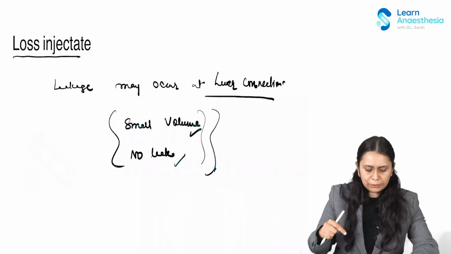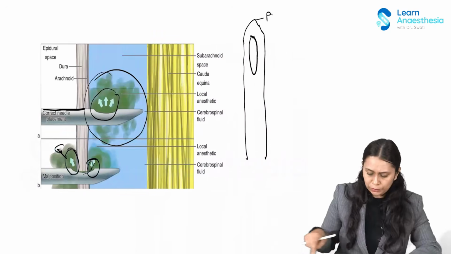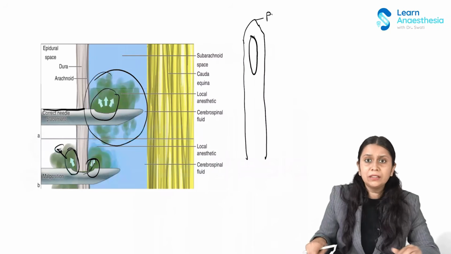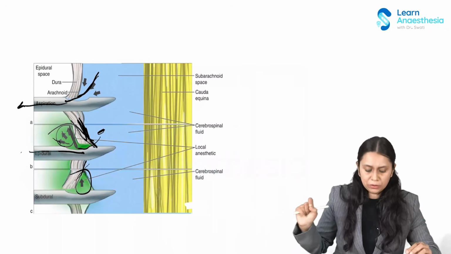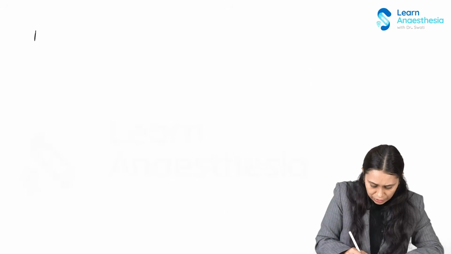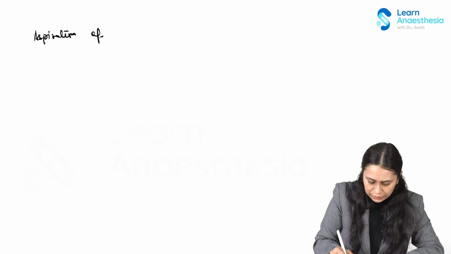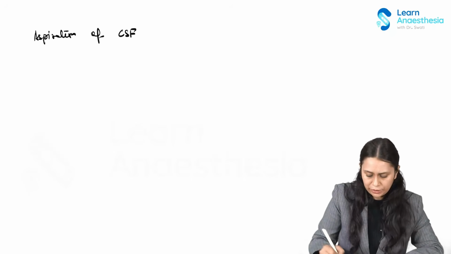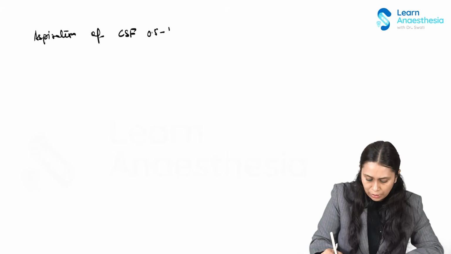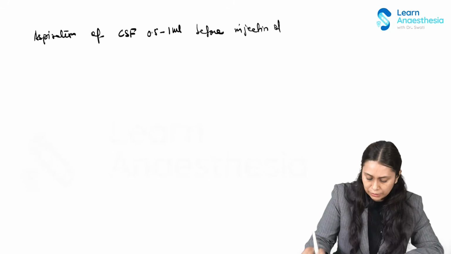Okay, so what precautions can we take to prevent this loss of injectate and to see whether we are in the space or not? What we can do is aspirate 0.5 to 1 ml of CSF once we are in the subarachnoid space, before injection of the drug.